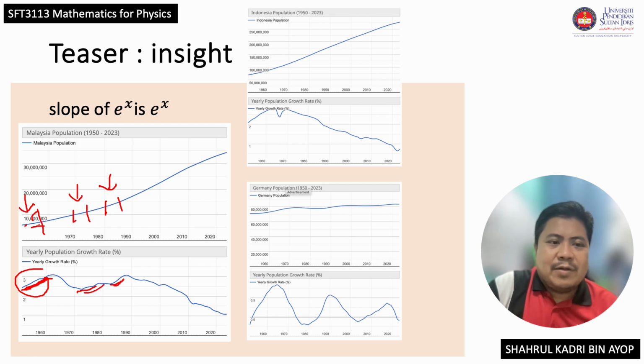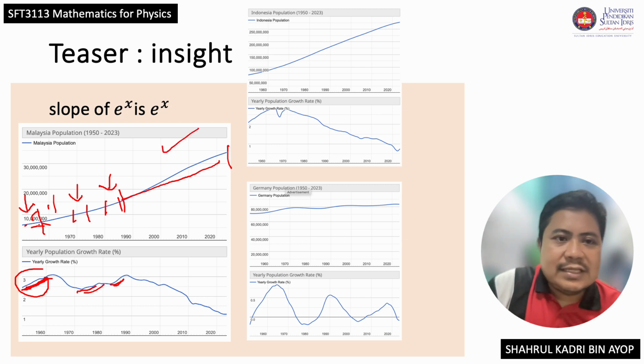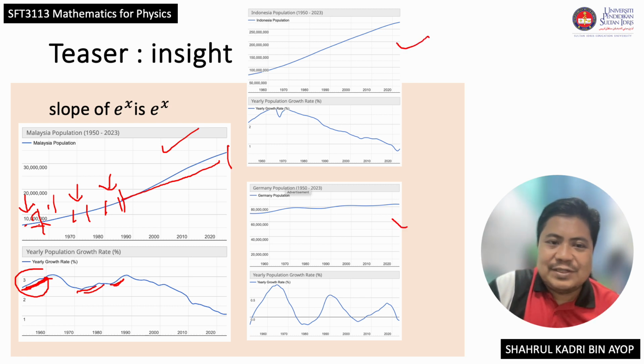How about the other? The other is not exponential growth, so we need another function to describe another interval from here. For example, here, this is almost slow growth, even though it's positive, but it is not exponential growth. So this is for Malaysia, this is for Indonesia, and this is for Germany.